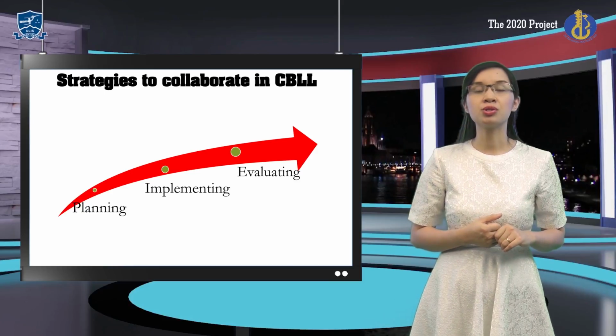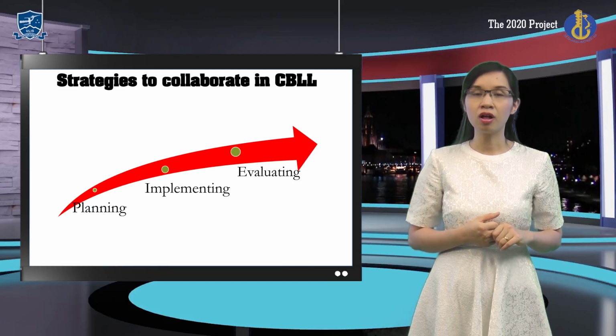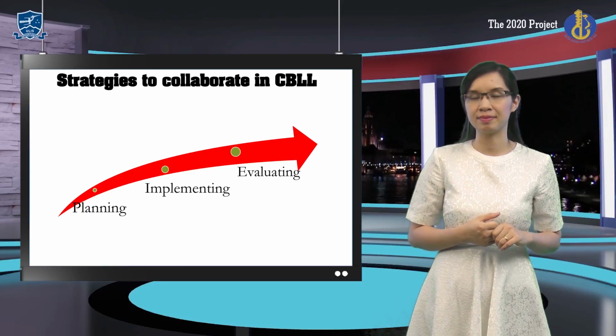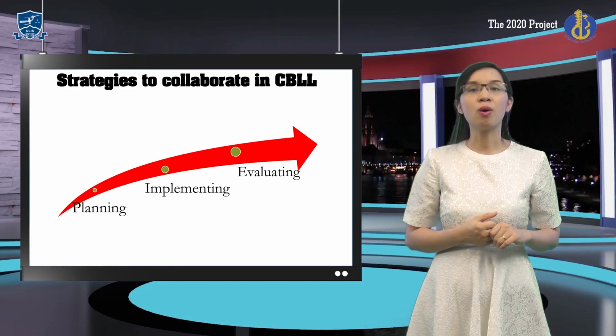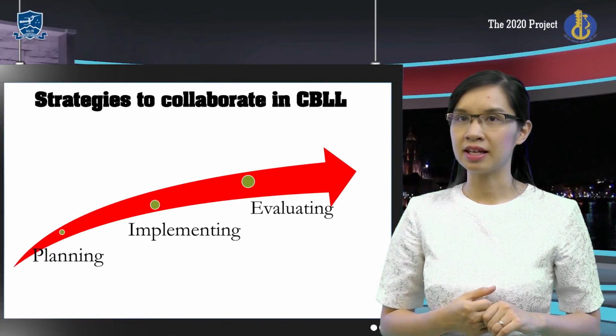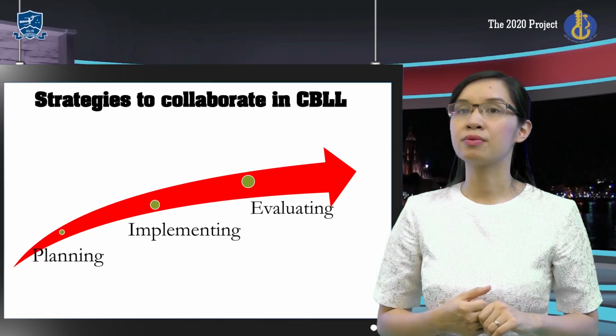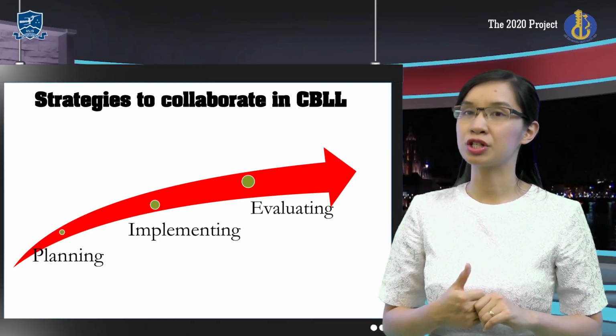The partners should also be responsible, goal-oriented, and committed to continuous improvement. Besides, in order to collaborate effectively, it is necessary for all collaborators to agree on choosing one group leader.